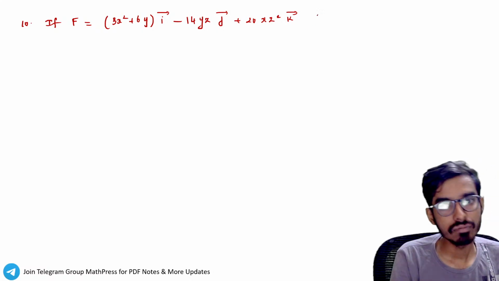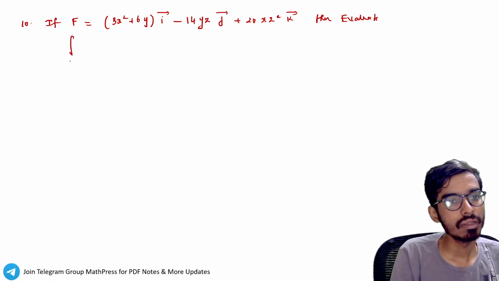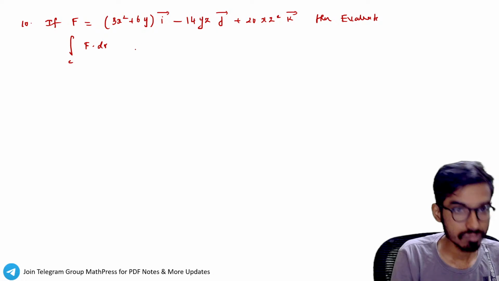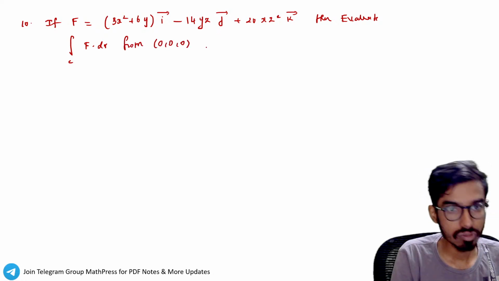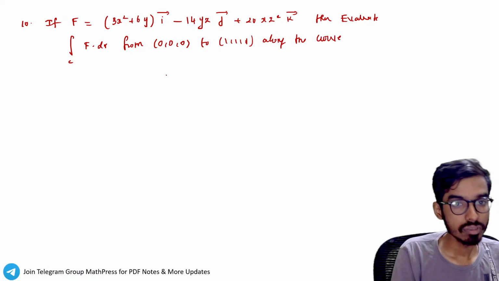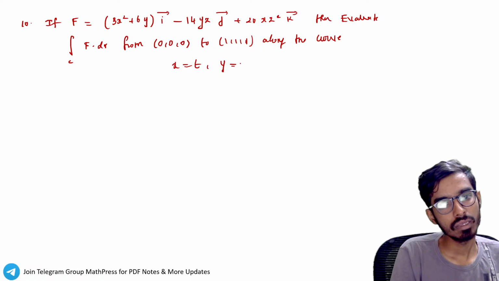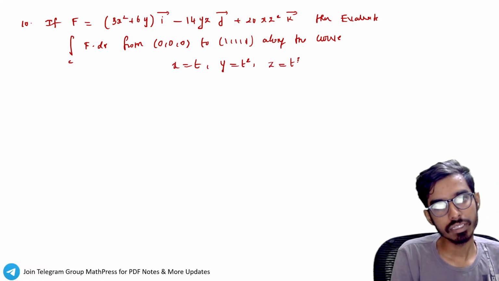Then evaluate the integral over C of F dot dr from (0, 0, 0) to (1, 1, 1) along the curve x is equal to t, y is equal to t², z is equal to t³, right?